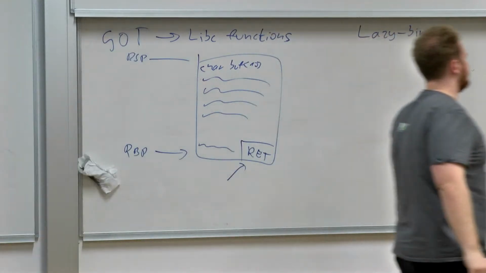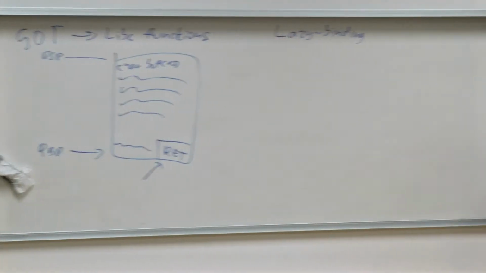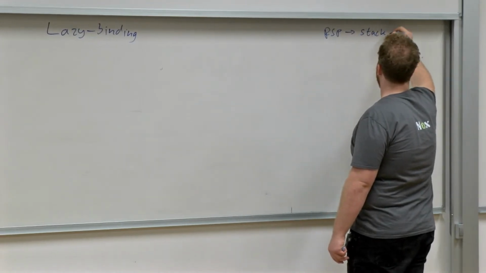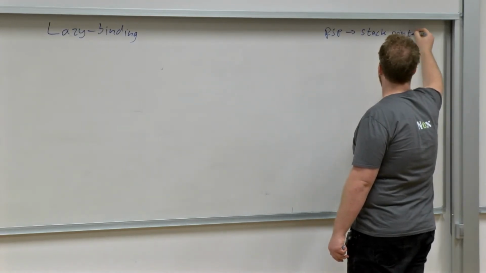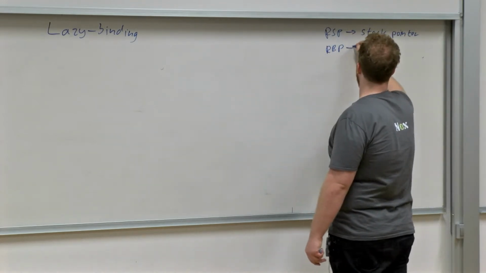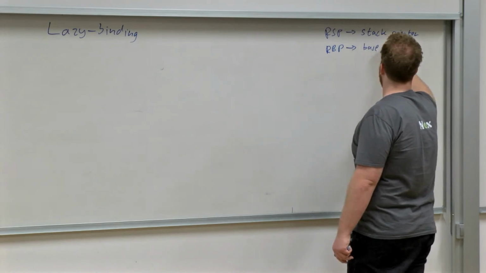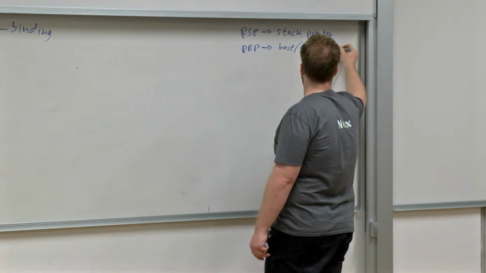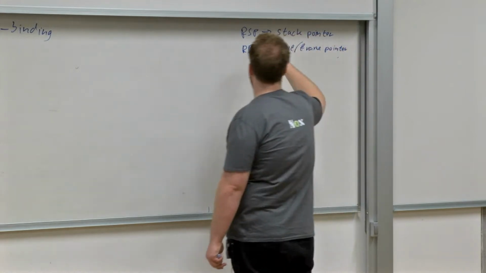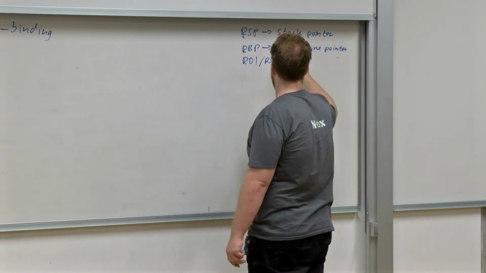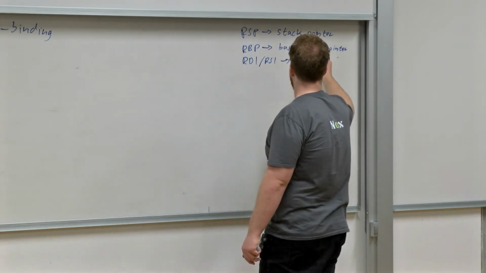I'll just rewrite the registers again. RSP is the stack pointer, RBP is the base or frame pointer. Then we have RDI and RSI, the arguments.